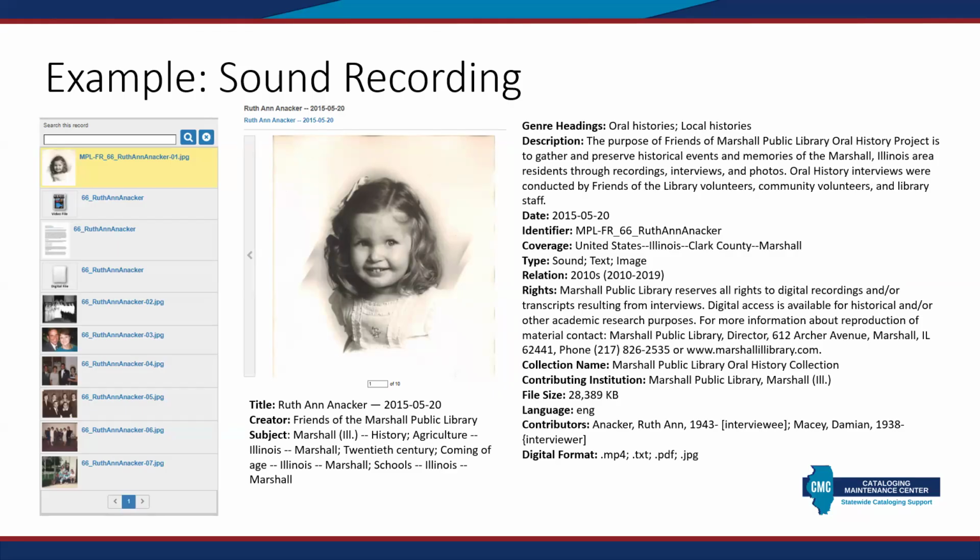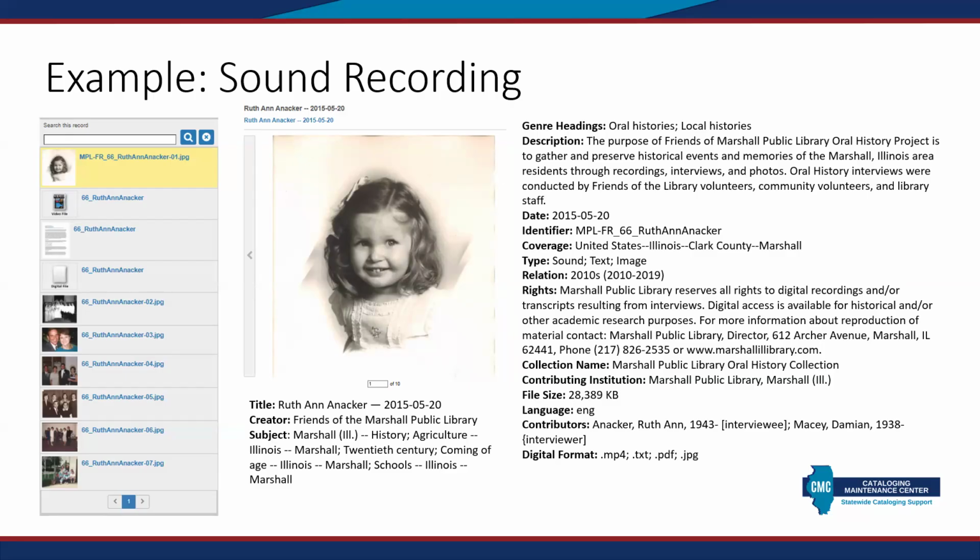This oral history record consists of the actual audio recording itself, in this case an MP4 file, the transcript of the oral history in both text and PDF formats, and several photographs of the subject of the oral history. And I have the thumbnails of each file in this object listed on the left-hand side of the slide.